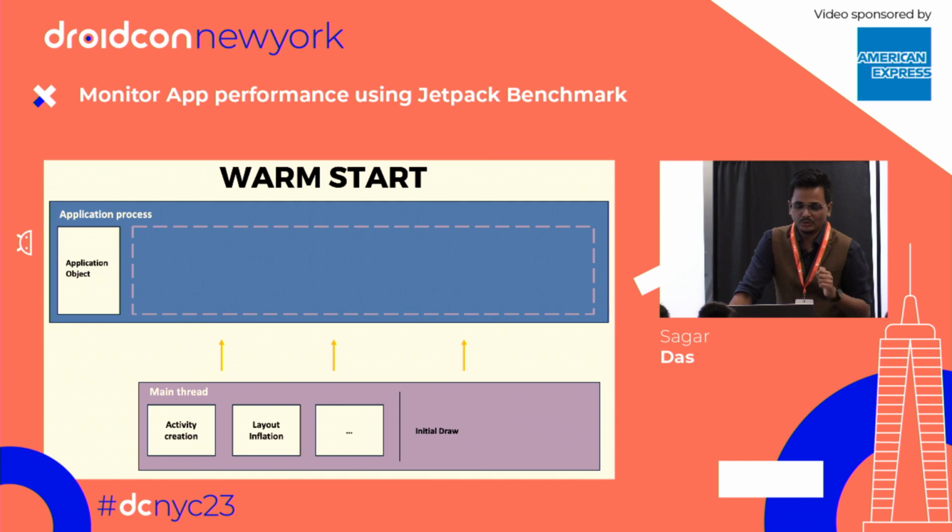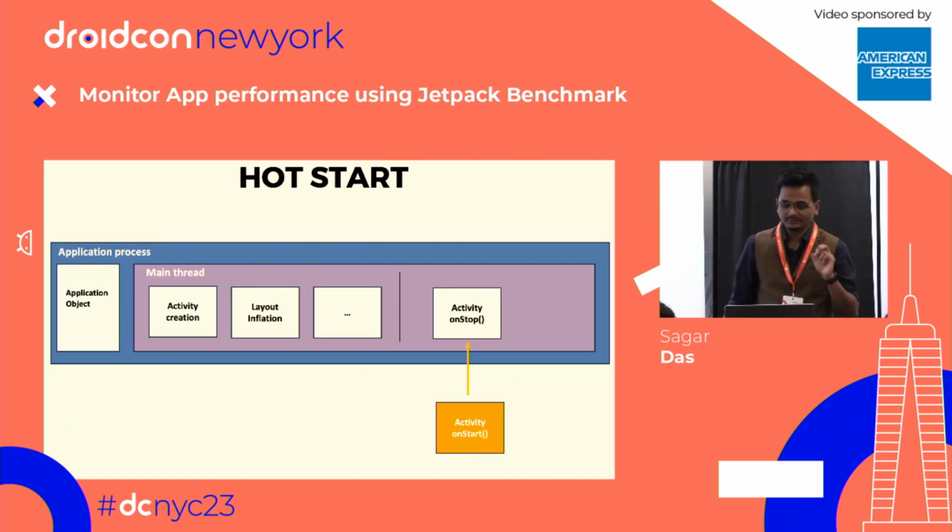So probably you launched it and then you backed out, or probably the device ran out of memory and the OS had to boot your app out of memory, and then some sort of residue remained in terms of a process ID or some other memory trim level. So in that case, the operating system does not do much of the heavy lifting. It will simply use the existing application process in your memory and then recreate the main thread. So this entire block of main thread and activity creation, the initial draw phase, would be performed by the OS.